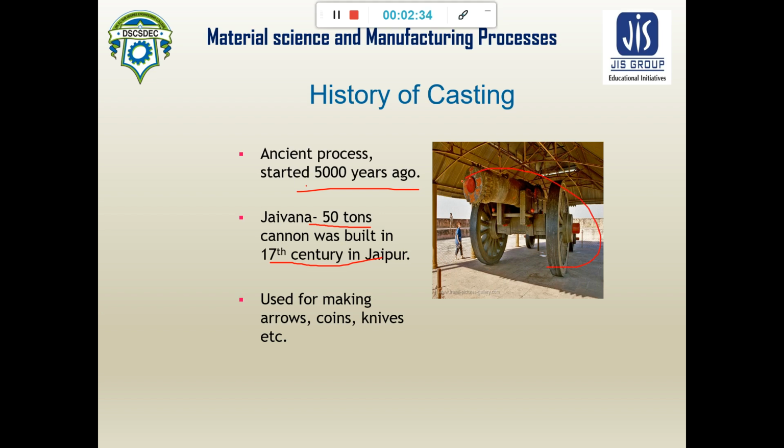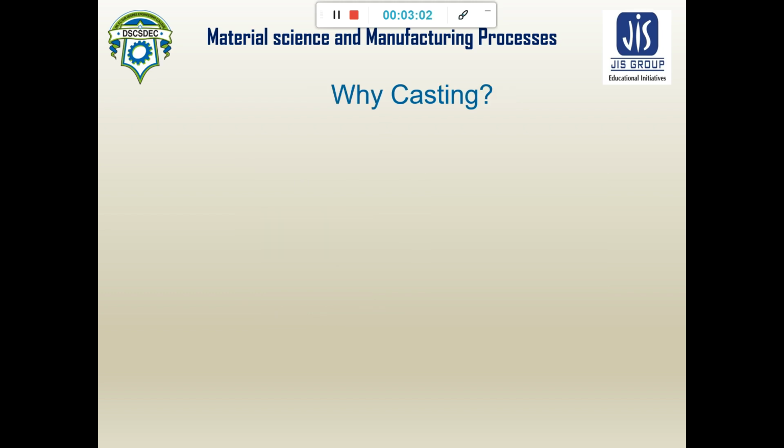These types of cannons from historical days are made using casting. Casting can also be used for making arrows, coins, knives, etc. And this is the world's largest cannon, situated in Jaipur, and it is made by casting.